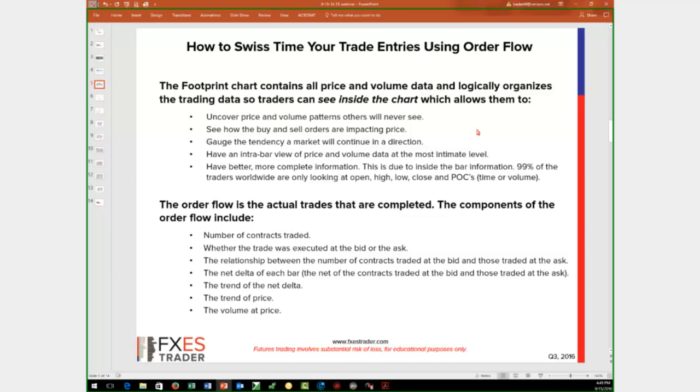See the buy and sell and how they're impacting price, and look for a tendency that the market can move in a particular direction. So having an intra-bar view of price and volume, in my opinion, at the most micro level, is critically important to gaining just that slight edge.